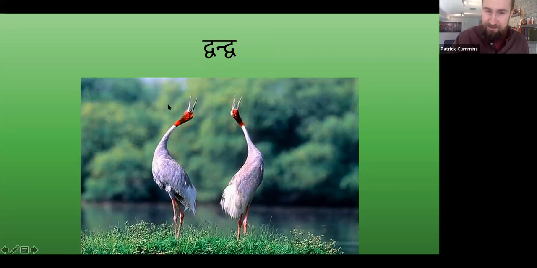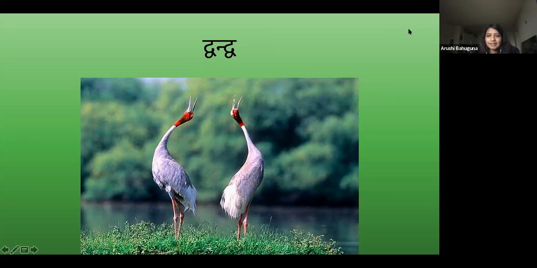And here are these two croucha birds. Does anybody remember that from the Ramayana? Okay, so what were the croucha birds? What happened there? So they were mating and then they were shot. A king was hunting and he shot them. They were mating.